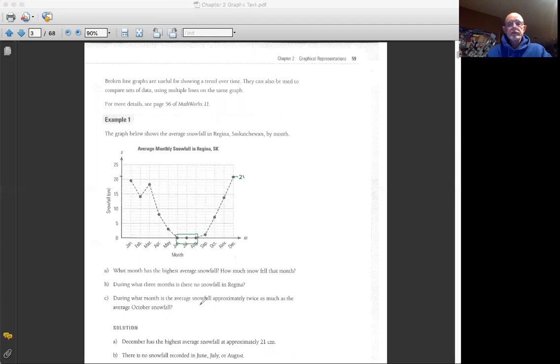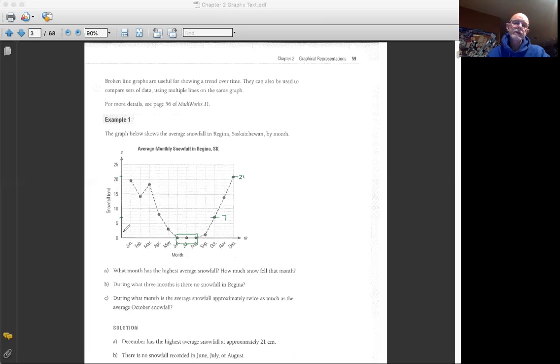Next question, which is my favorite question, is what month is the average snowfall approximately twice as much as the average October snowfall? Well, October snowfall is here, okay? And so what is that line? Well, again, we go across, crosses at 7. So if this is 7, what month is it 14?